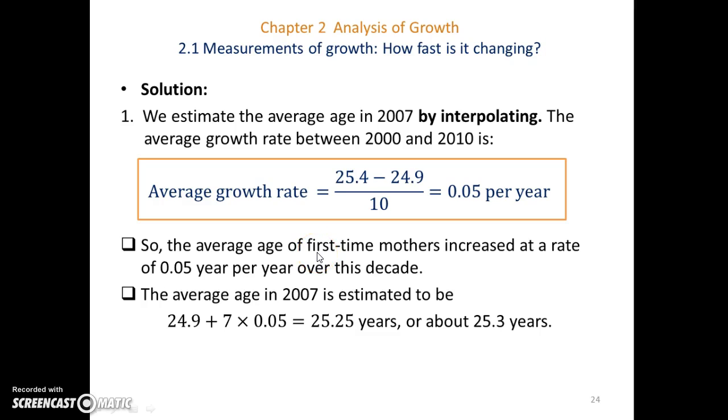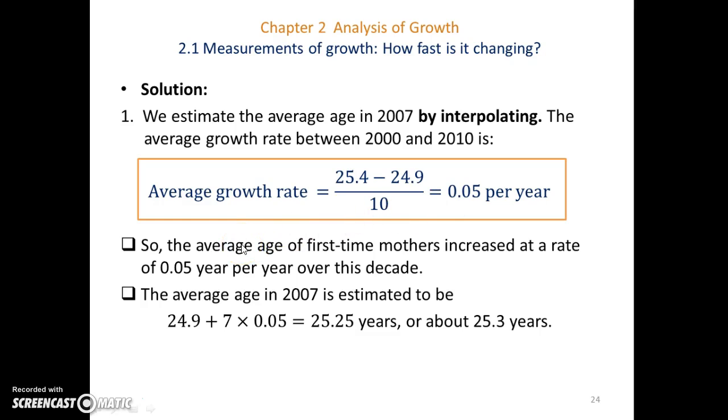Solution. We estimate the average age in 2007 by interpolating. The average growth rate between 2000 and 2010 is given by the average growth rate formula. In the numerator, we have the difference of two function values divided by the difference between the two values for the years. This is equal to 1/20 per year.